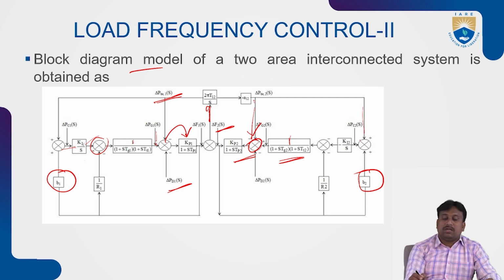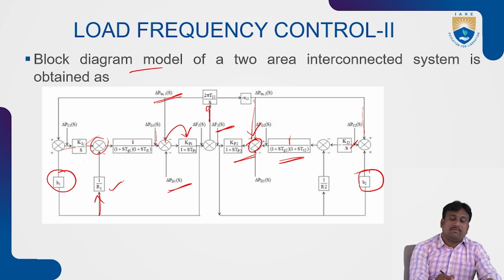This block returns to the path as K12 by S as delta PC of S. The drop across this is fed back as 1 by R1, and in the second section as 1 by R2. Any error may also be fed back here, rectified, and the path continues to function.